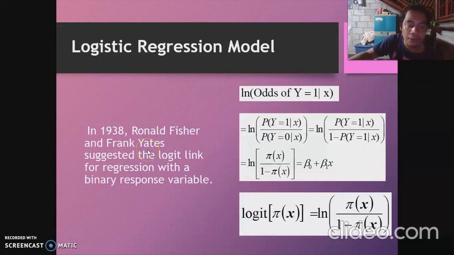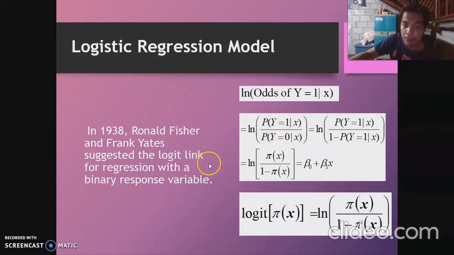And under logistic regression is the logistic regression model. Ito po yung logistic regression model. In 1938, Ronald Fisher and Frank Yates suggested the logit link for regression with a binary response variable.